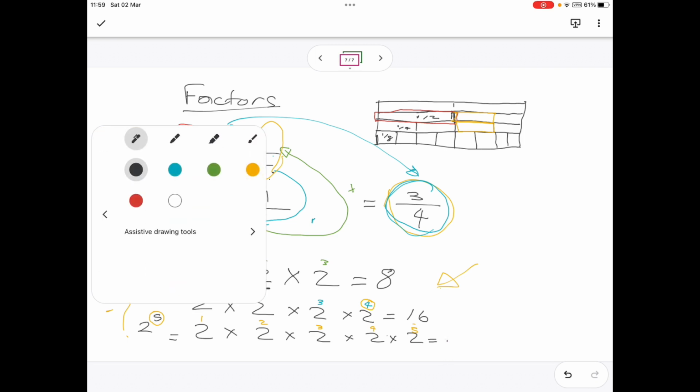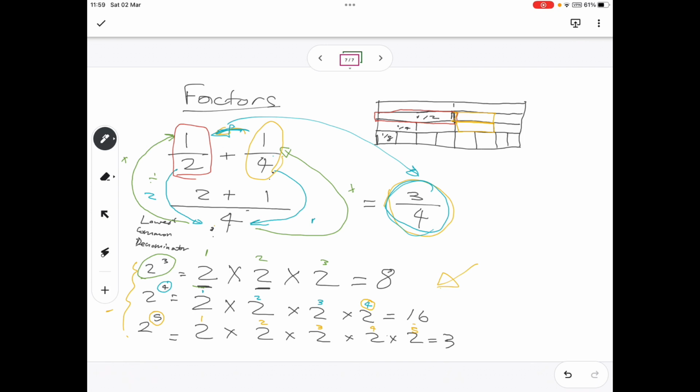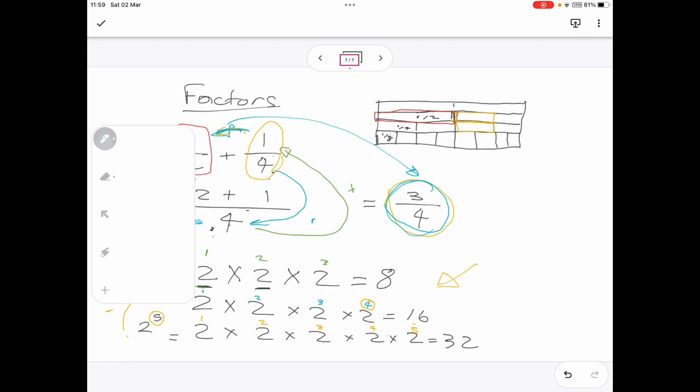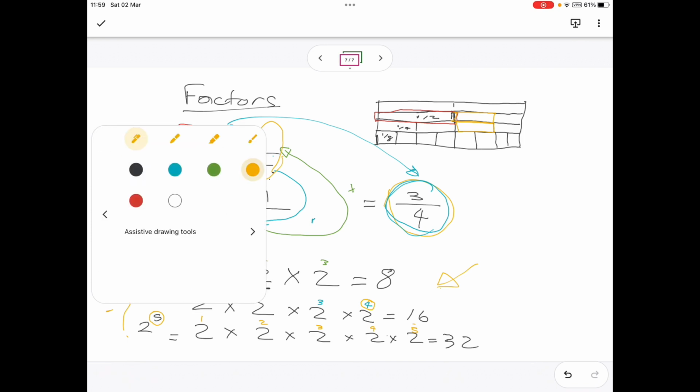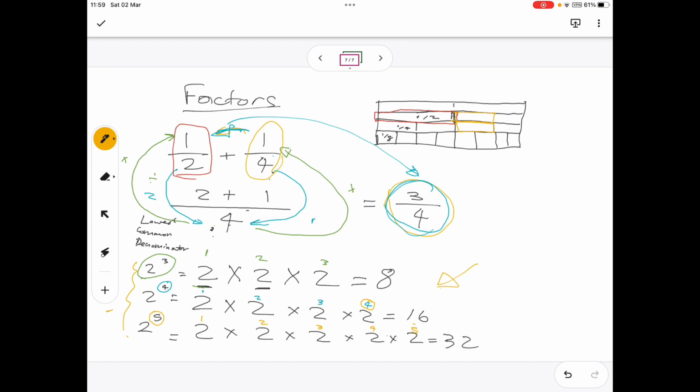Why did I write 25 here? It's supposed to be 32. So 2 being a factor of 32 has to multiply itself 5 times to give you 32.